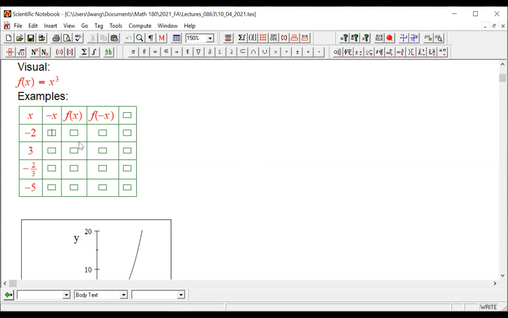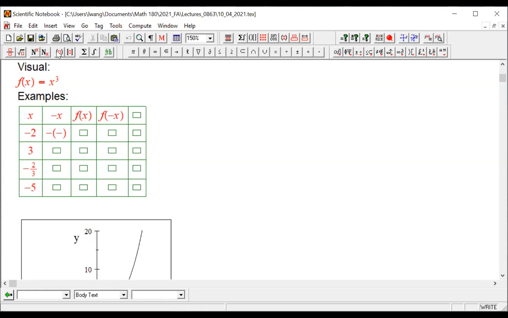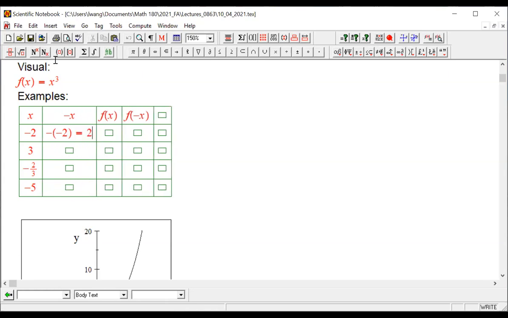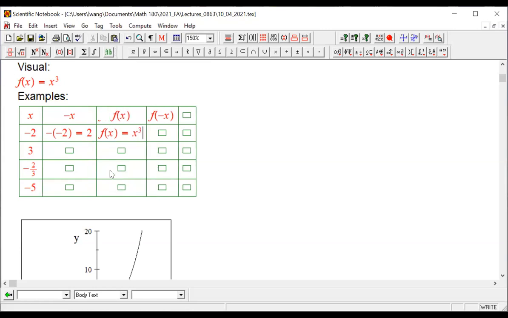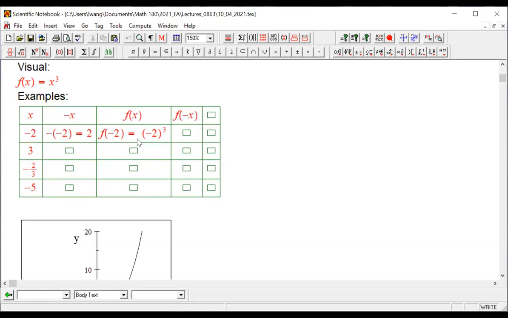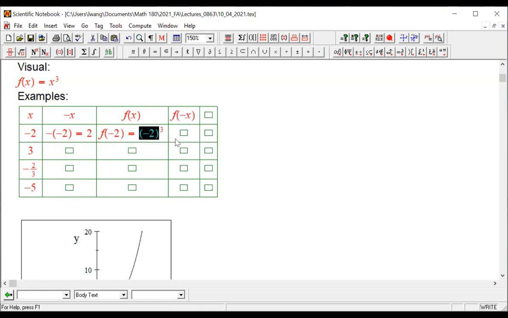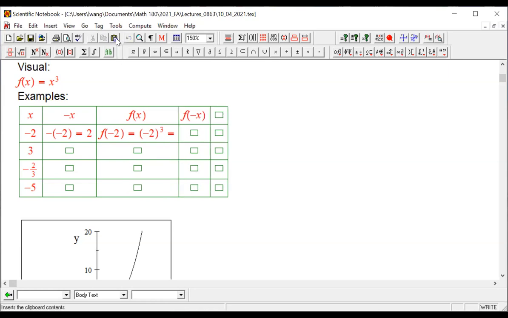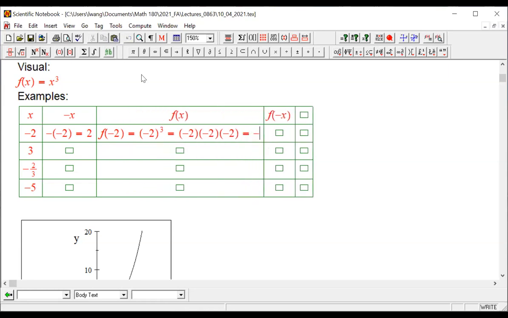As an example, I will do an example. Because x is negative 2, the opposite of negative 2 is a positive 2. So now I'm doing f of x. When x is negative 2, the input is replaced by negative 2, and negative 2 to the power of 3 is negative 8.